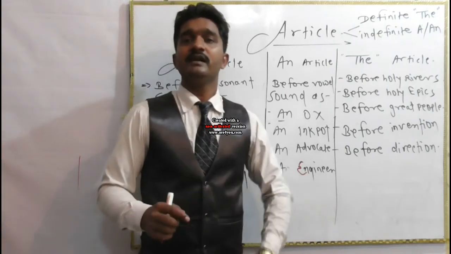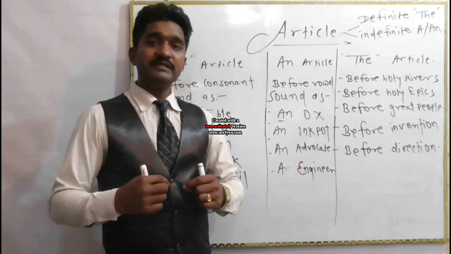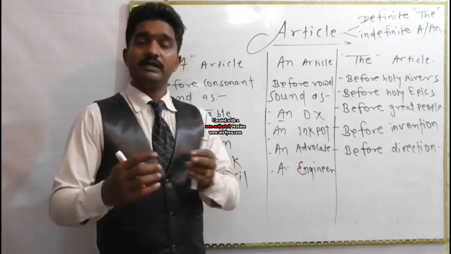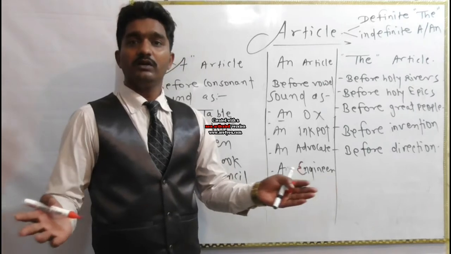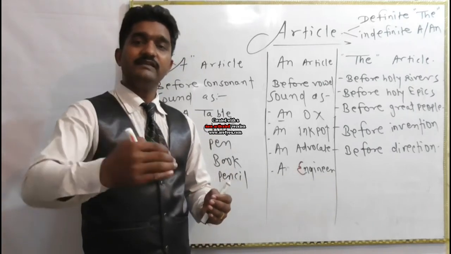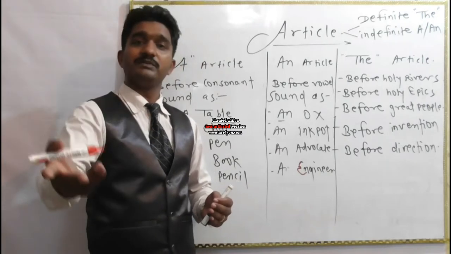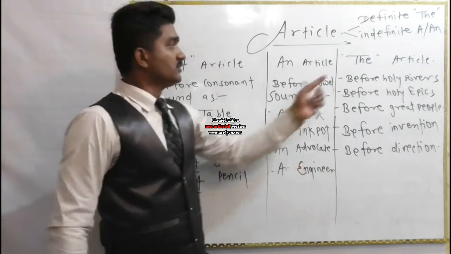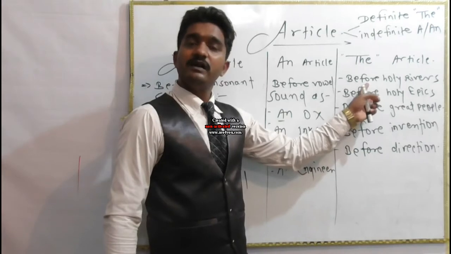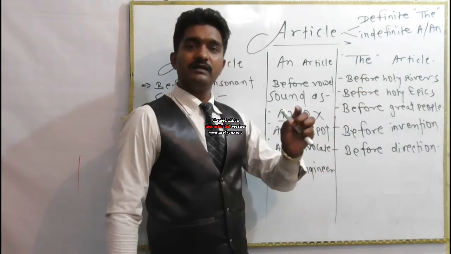Suppose I say I am a doctor, it means I am a common doctor, nobody knows me, or only a few people know me. But if I say he is the doctor, it means that doctor is famous and most of the people know him. So first, as we read commonly for our exam.